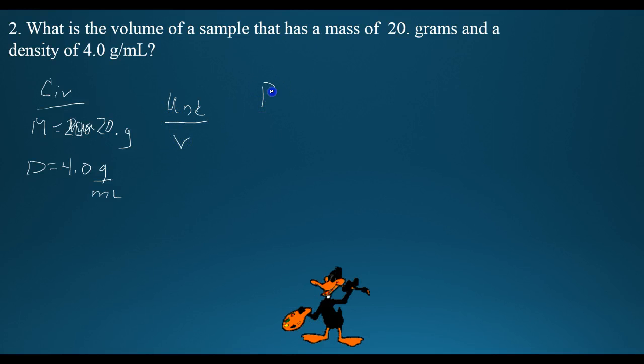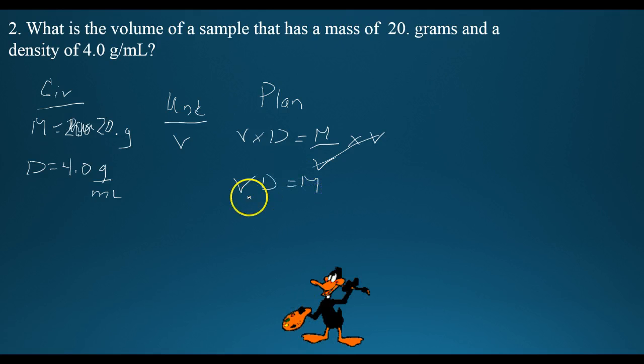Now our plan is the equation. So we have density is equal to mass over volume, and we can solve for the volume. The best thing to do here is to multiply both sides by volume. So volume divides out of this side. Then we have volume times the density is equal to the mass.